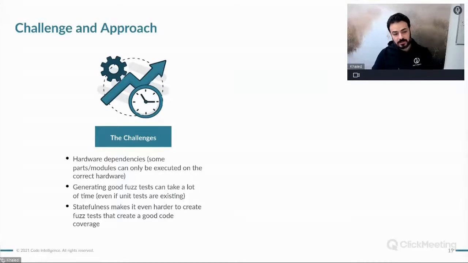First, you have hardware dependencies, meaning that we have some low-level code, or some code that can only be executed on special hardware, for example code that gets sensor data from a specific sensor. So this needs to run on the actual hardware.